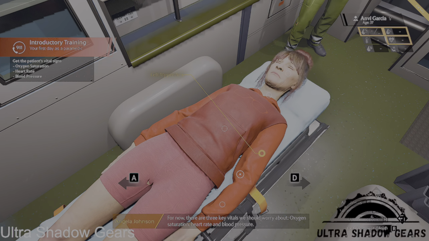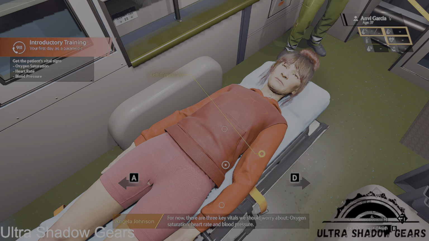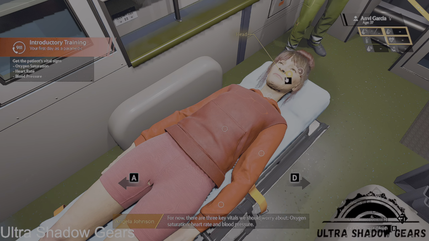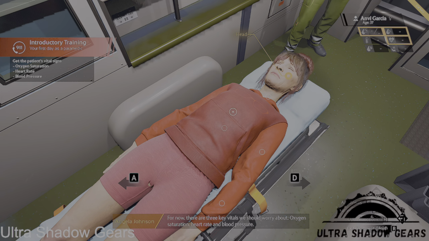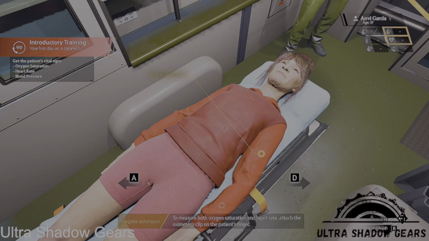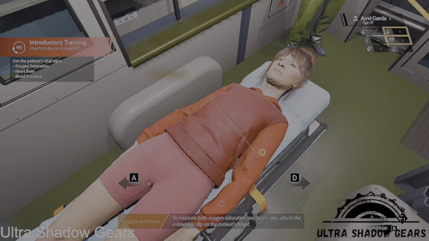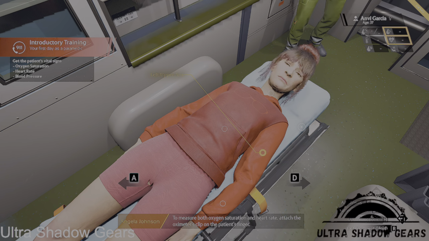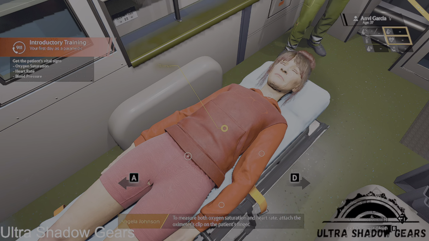For now, there are 3 key vitals we should worry about: oxygen saturation, heart rate, and blood pressure. To measure both oxygen saturation and heart rate, attach the oximeter's clip on the patient's finger. Diagnostic tools will then provide you with live readouts of the patient's vitals.